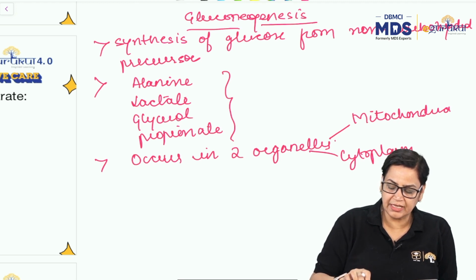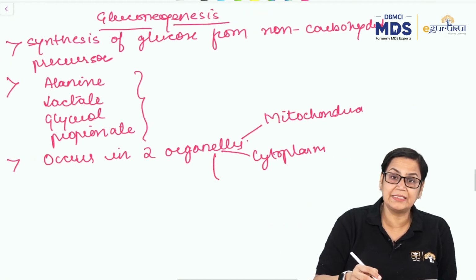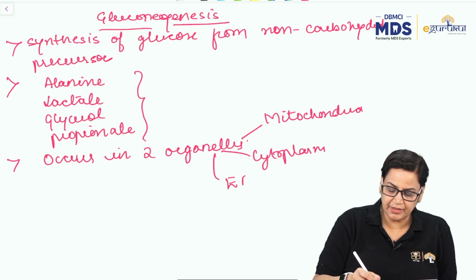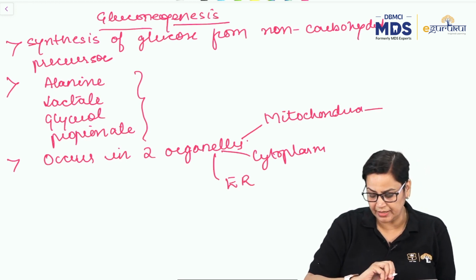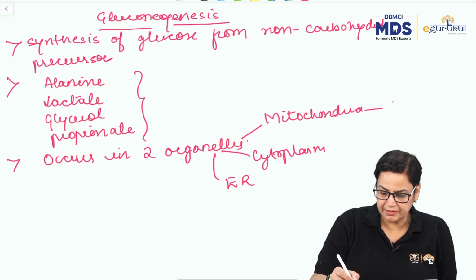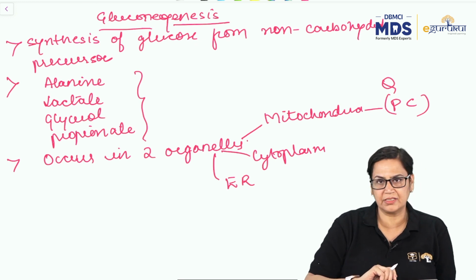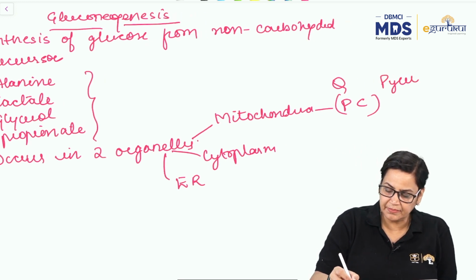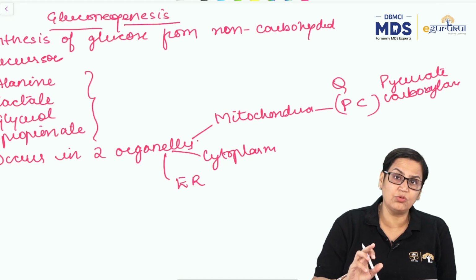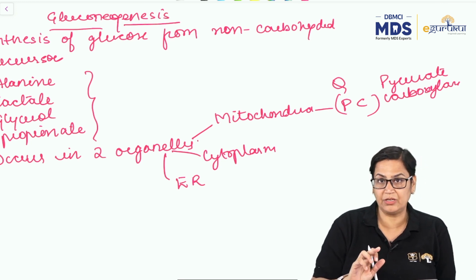One more reaction takes place, which takes place in the endoplasmic reticulum. Mitochondria mein there is only one enzyme, which is pyruvate carboxylase. This was the question which was asked. Pyruvate carboxylase is the only enzyme of gluconeogenesis present in the mitochondria.